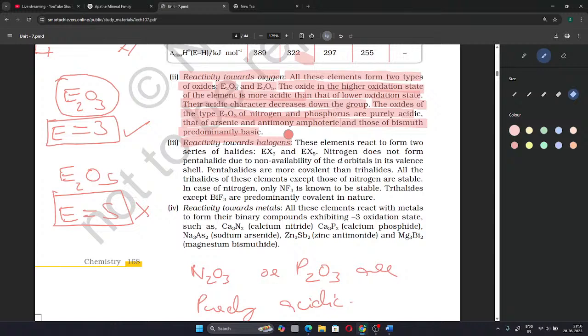These elements react to form two series of halides, which is EX3 and EX5.